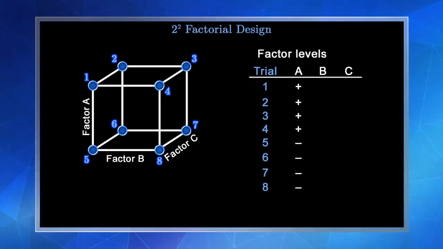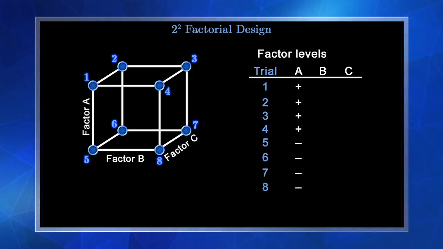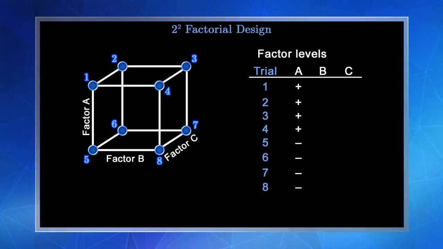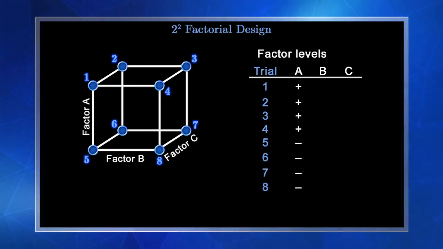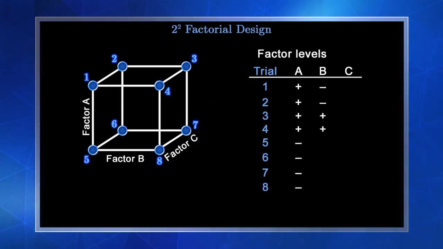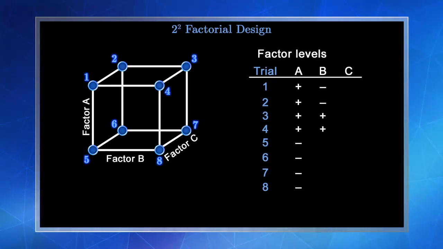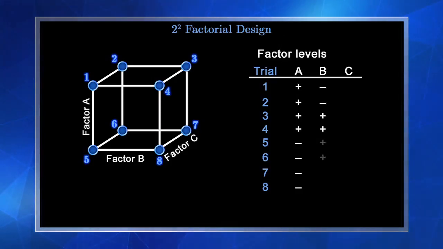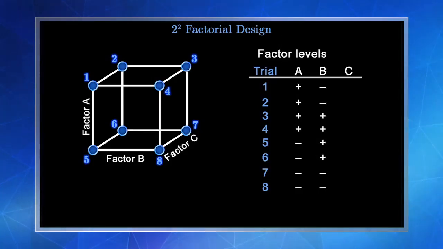So once we've got A factored, we now have to let B factor within A. So for A's 4 positives, B is going to be negative twice, minus, minus, and then positive twice, plus, plus. Likewise, for A's 4 negative terms, B is going to be positive twice, plus, plus, and negative twice, minus, minus.